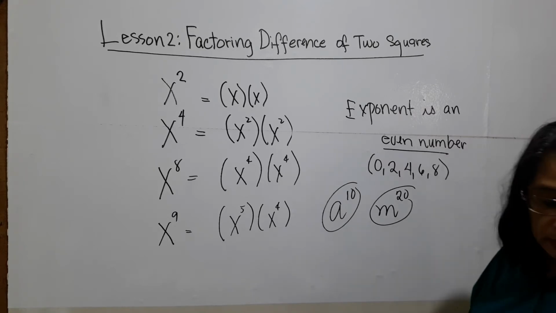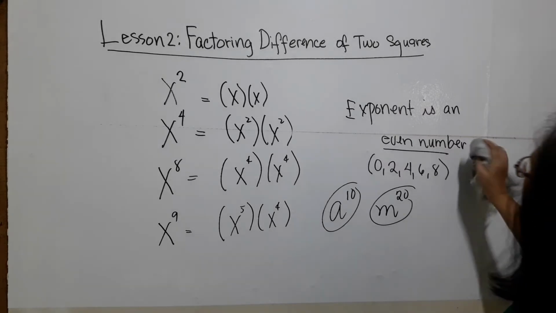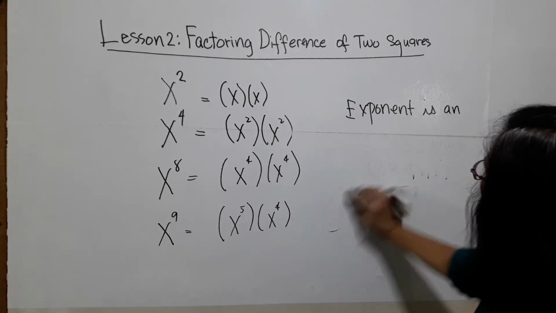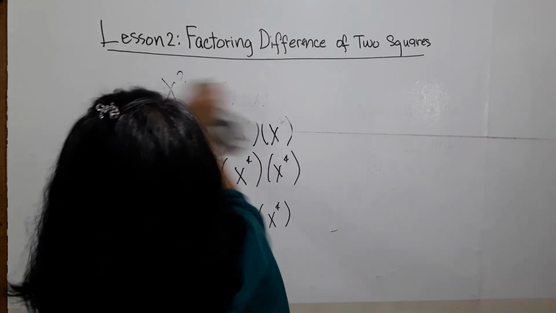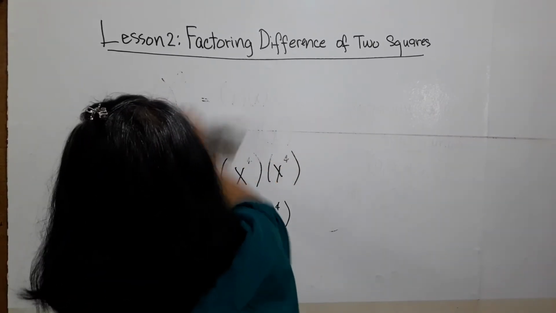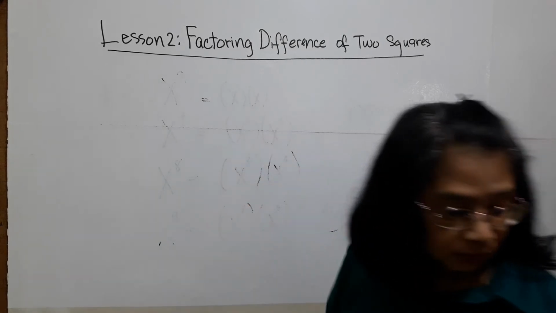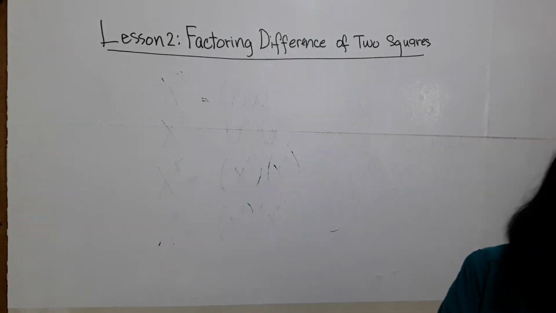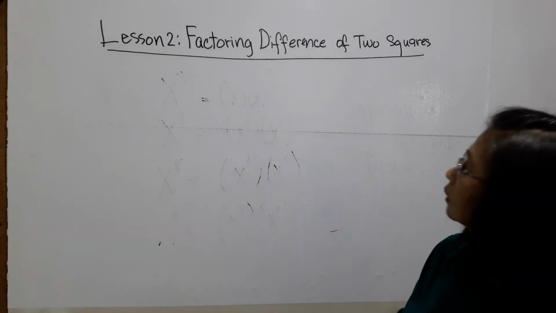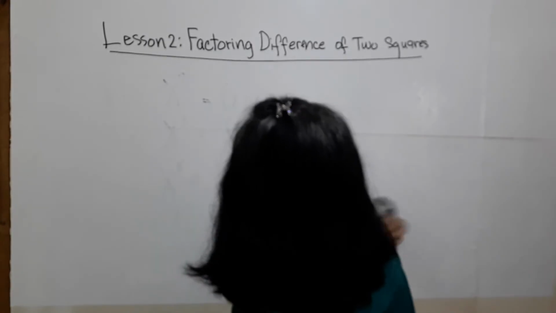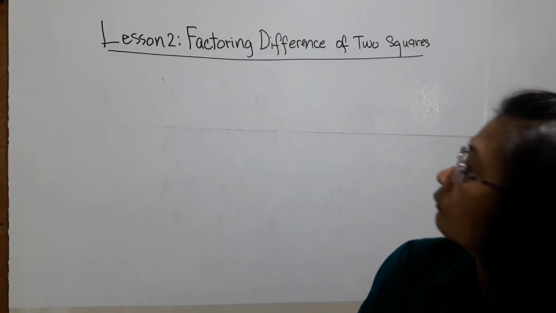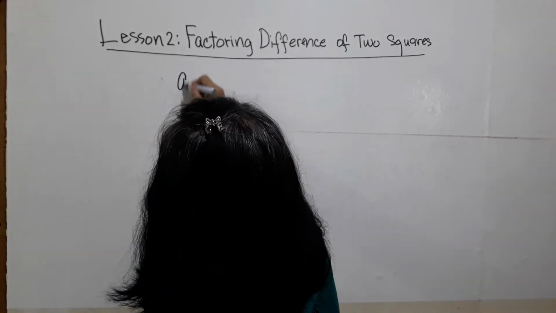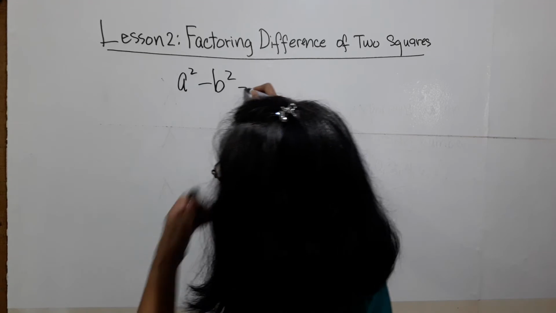Okay, very good. Since you know already, we can have examples now on factoring difference of two squares. When you say difference of two squares, the given should be two perfect squares, and the operation between the two terms should be subtraction because of the word difference. We need to follow the given formula: a squared minus b squared.